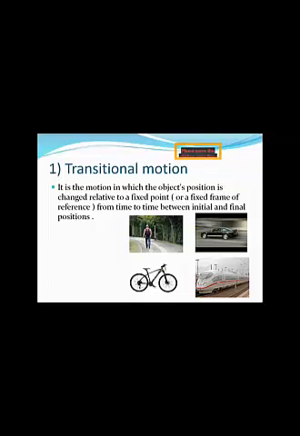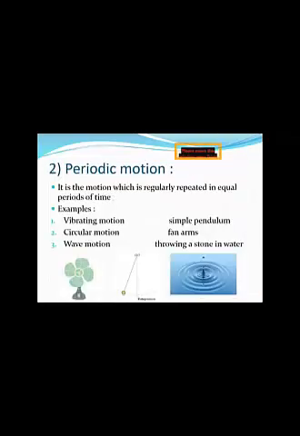The object starts from the initial point and ends at the final point. For examples, a person's motion, a bicycle, a train, or a car.